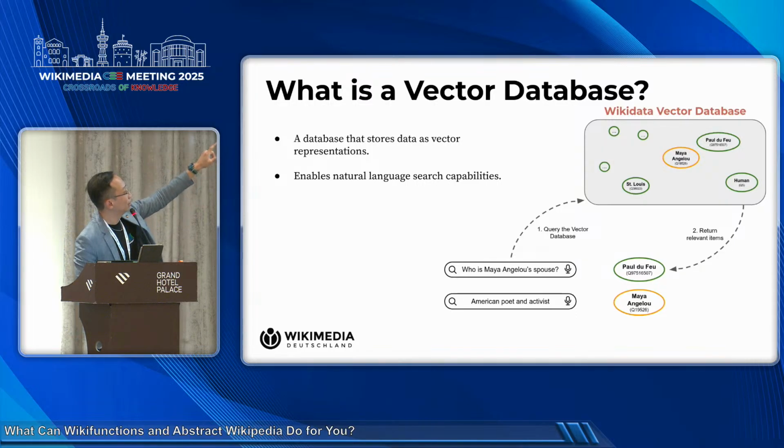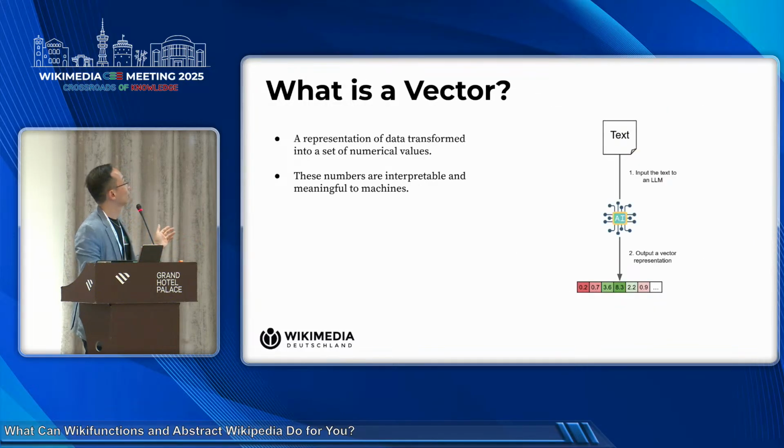For example, if you ask who is Maya Angelou's spouse, the query goes to the Wikidata vector database, and it will come back with a return of the relevant items, as you can see here. You can ask various questions like, what is the American poet and activist? A vector is a representation of data transformed into numerical values. These numbers are interpretable and meaningful to machines.